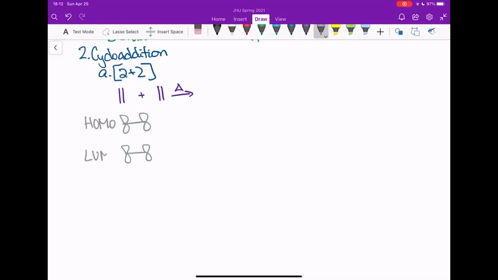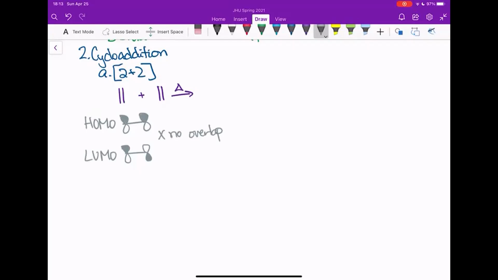So under heat, we'll be using the normal HOMO, which is just filled on top. And then your LUMO will be opposite. Okay. So what you'll notice here is that you will not have overlap because your orbitals do not match each other.